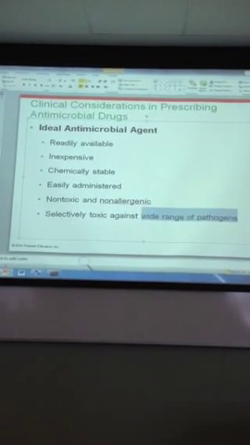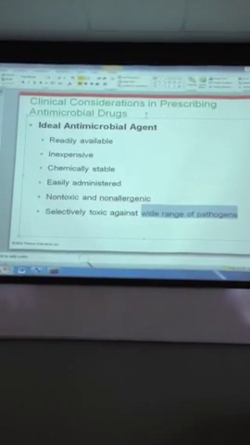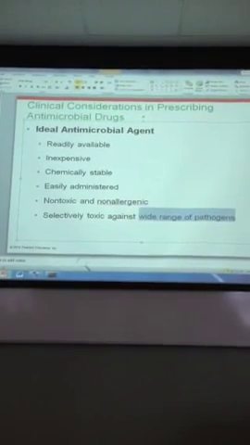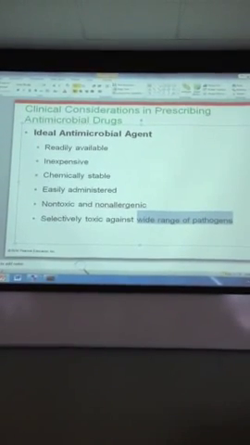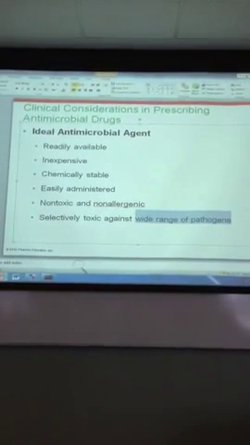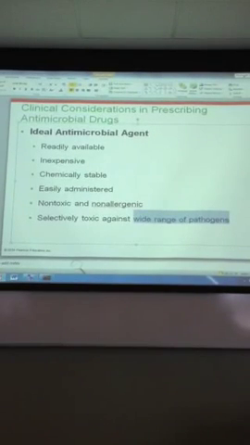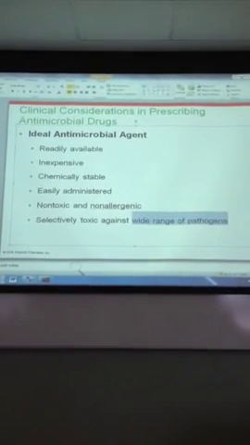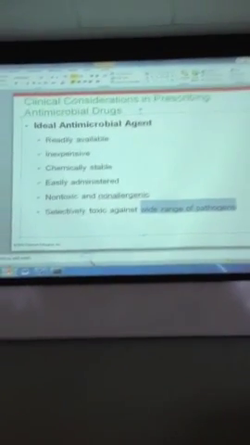So that would be narrow spectrum. Broad spectrum covers a wide range of pathogens, including gram-negative and gram-positive. Narrow spectrum specifically targets one particular kind of bacteria.